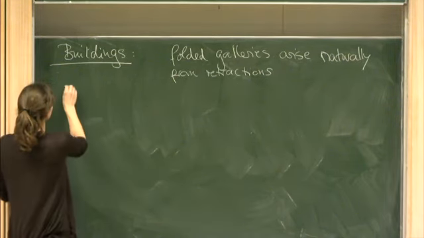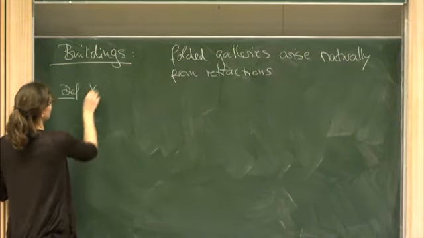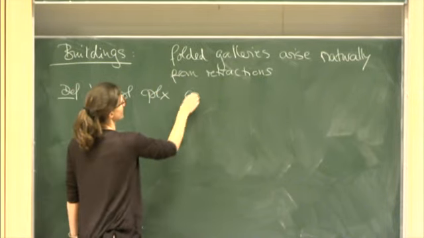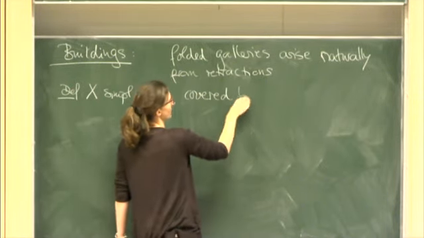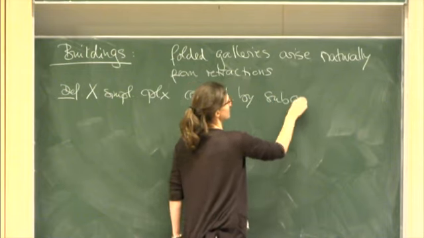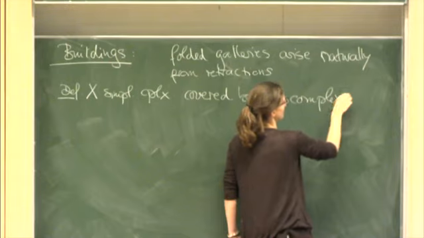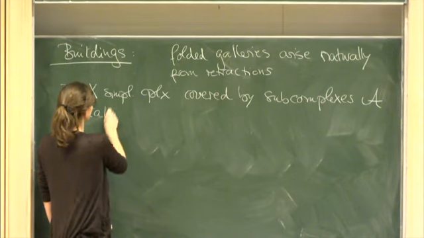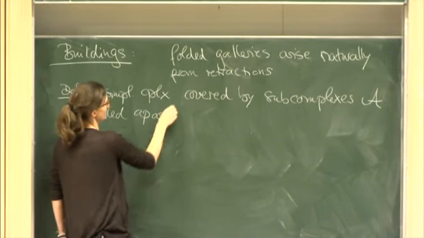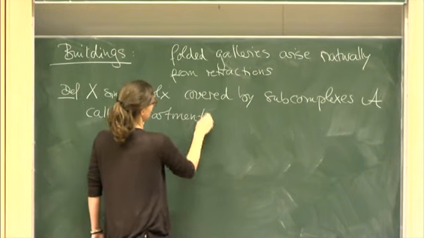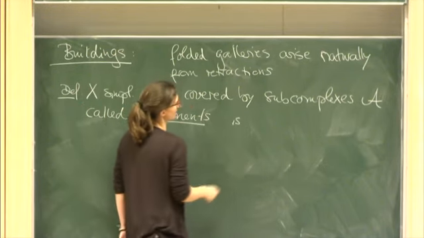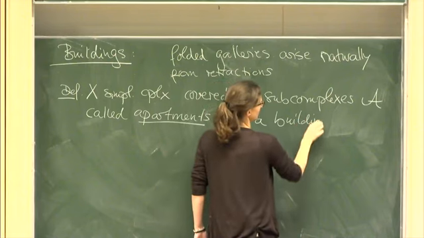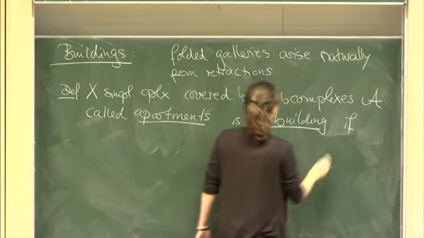So here's what a building is. You take a simplicial complex that's covered by subcomplexes. They're collected in an atlas A and called apartments. And this complex is a building if the following holds.